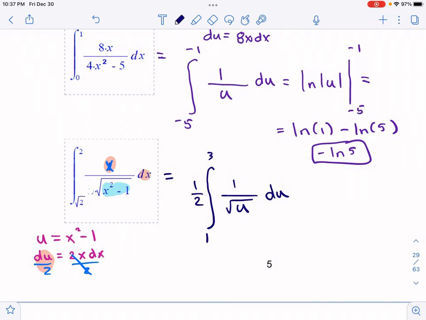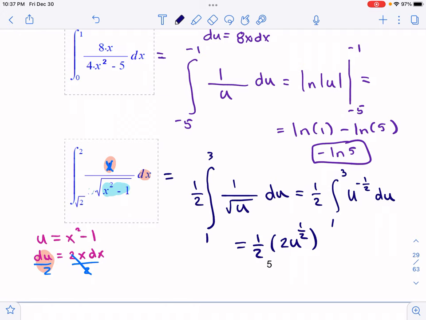We now just need an antiderivative of 1 over the square root of u. So this is 1/2. Let's rewrite it in a calculus-friendly way. I think u to the negative 1/2 will make it easier to do an antiderivative. So I'm going to add 1 to the exponent. So that becomes u to the 1/2, and then I'll multiply by a 2. That was, I think, an antiderivative of u to the negative 1/2.